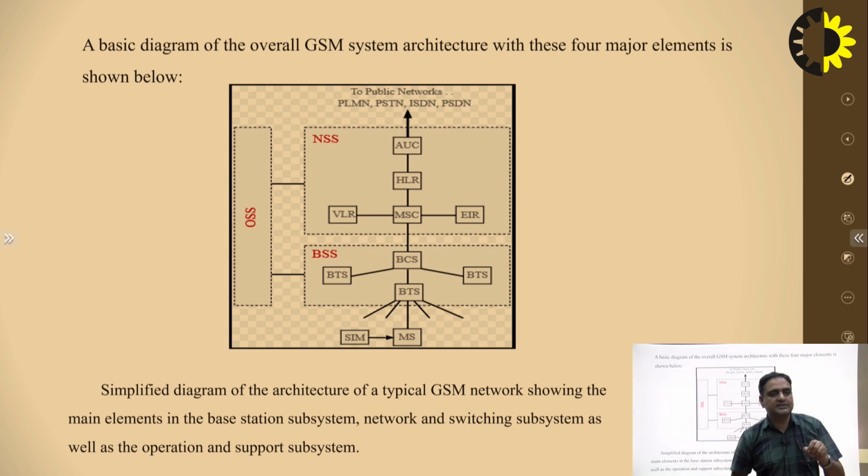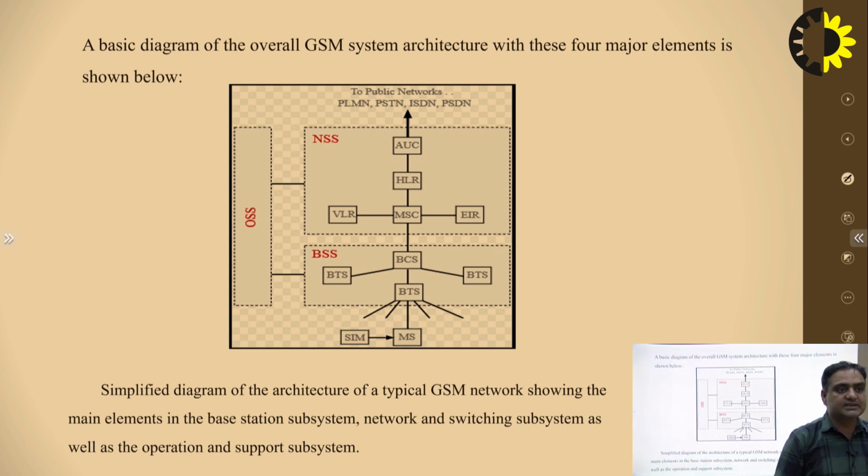From BTS 1, 2, 3, 4, 5, that is 5 straight lines go from the BTS to MS, meaning 100 to 1000 MS are associated with a single BTS, and this BTS will capture the signals from these MS, whether dedicated or idle.